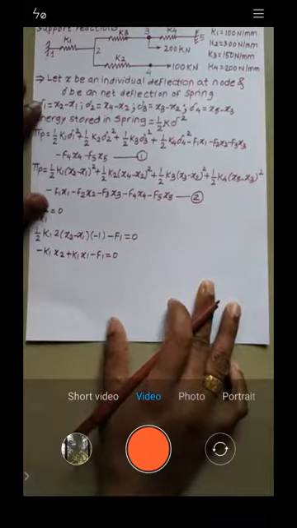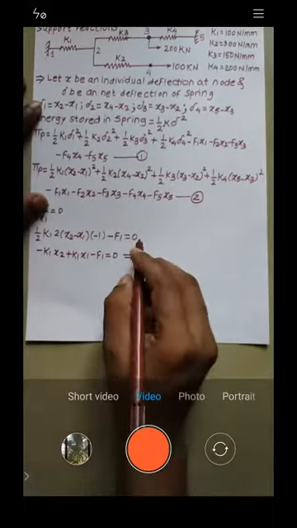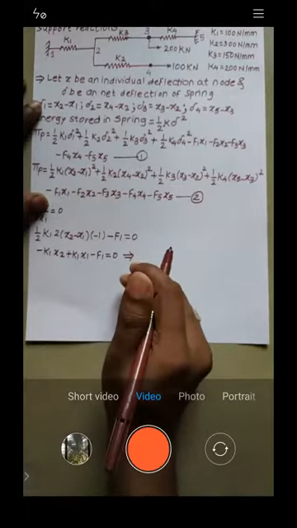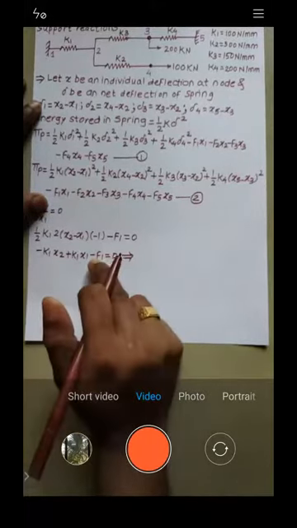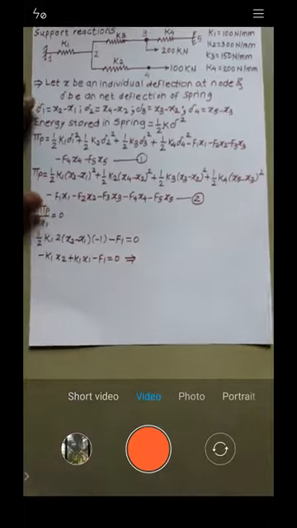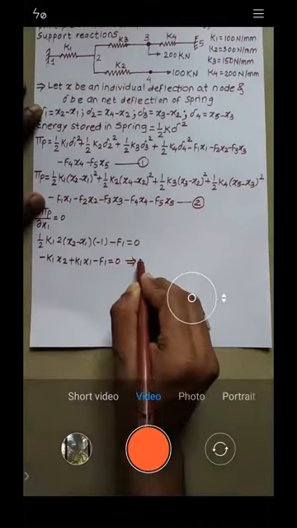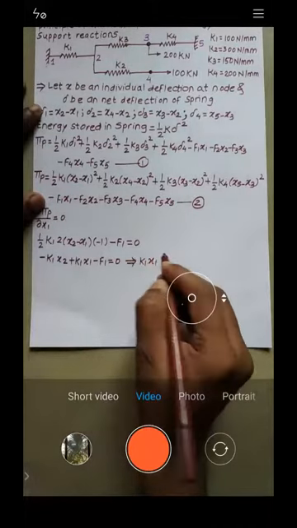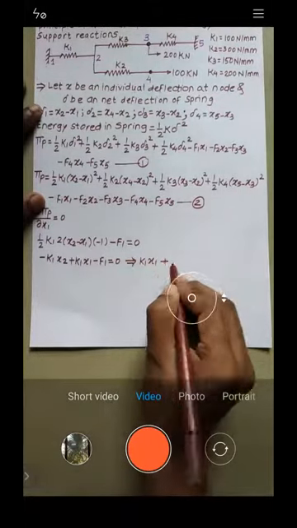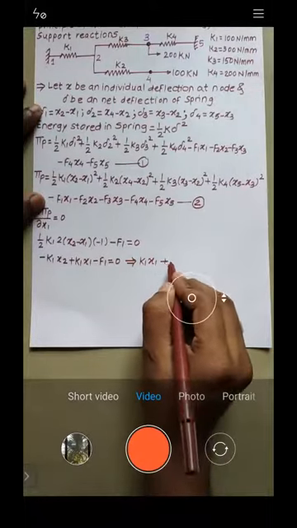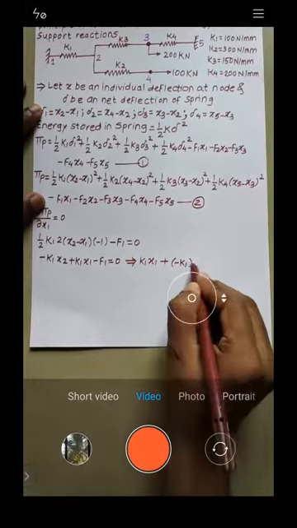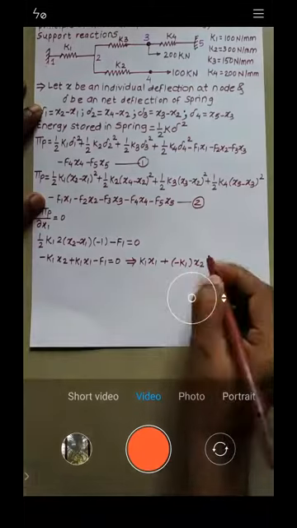So from this I will write down one equation. I'll just bring this term on the right hand side. So I'll get k1 x1 plus minus k1 x2 is equal to f1.